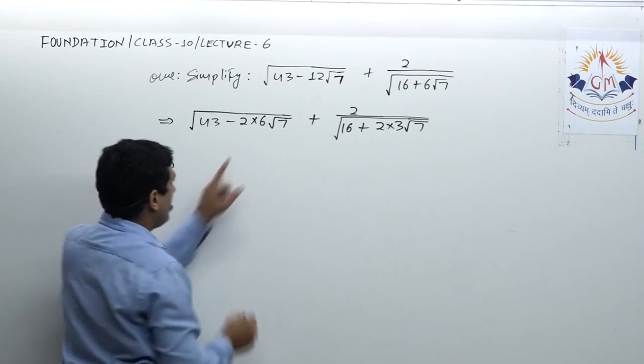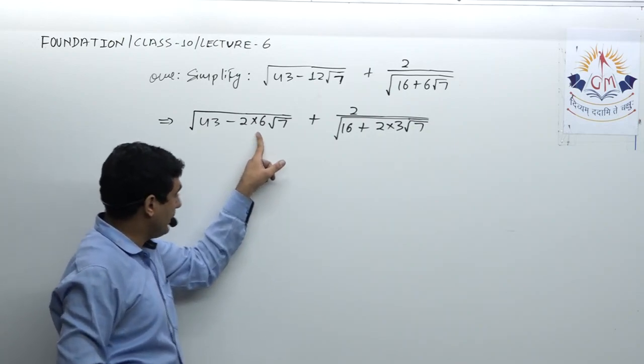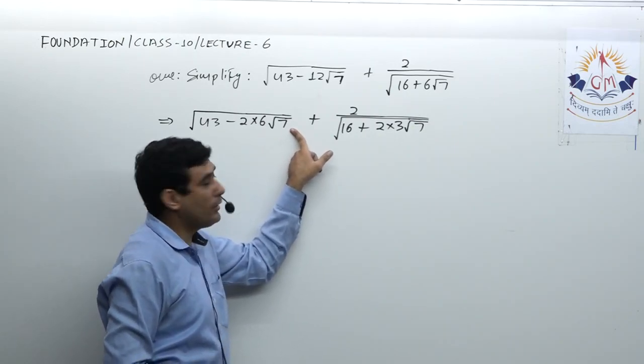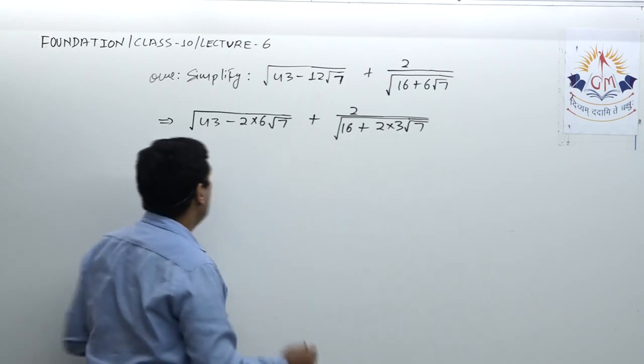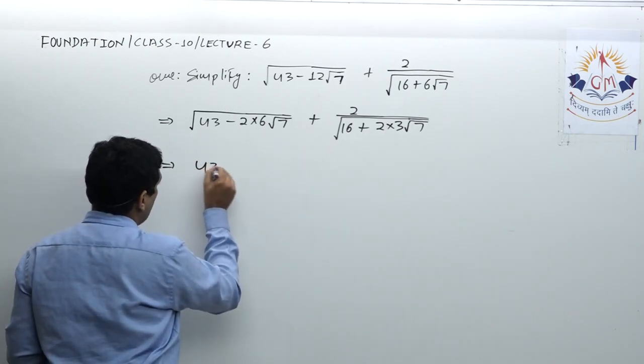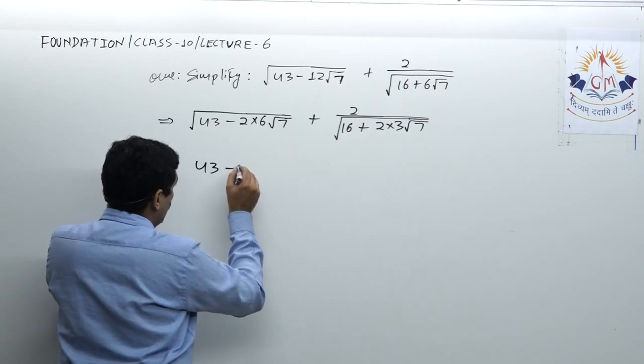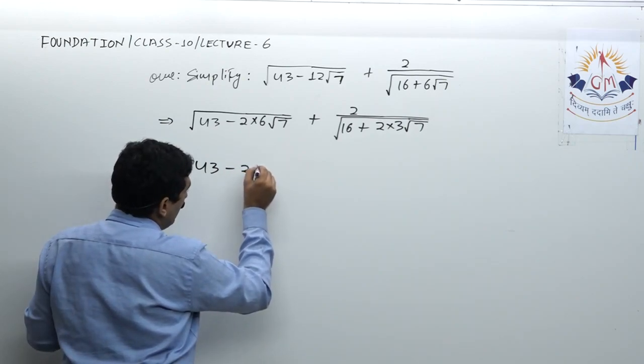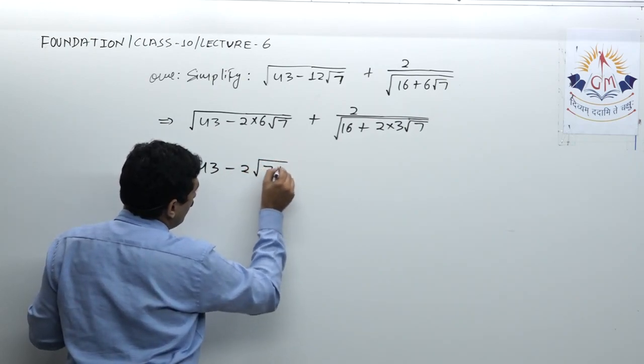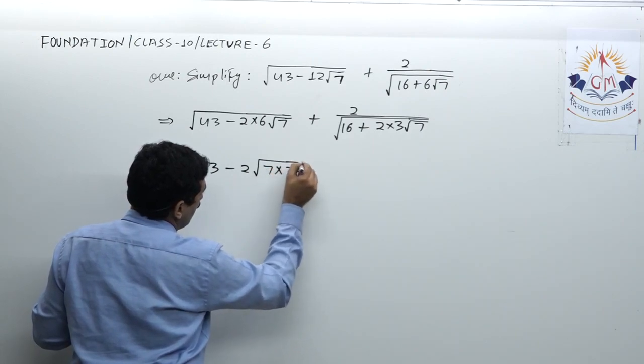Okay, now when I take this 6 inside this square root sign, this will become 36. So this will be x minus 2 root 7 multiplied by 36.